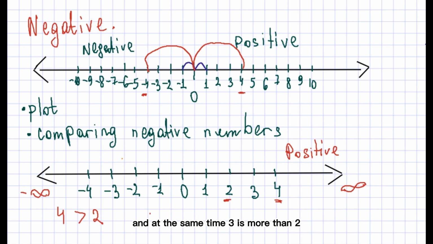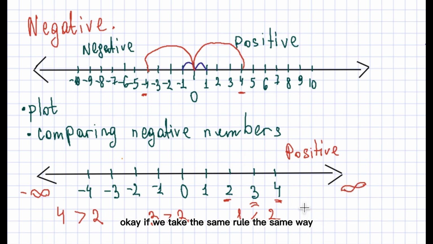At the same time, 3 is more than 2 because 3 is nearer to positive infinity than 2. But we know that 1 is less than 2 because 1 is not nearer to positive infinity than 2. 2 is nearer to it.